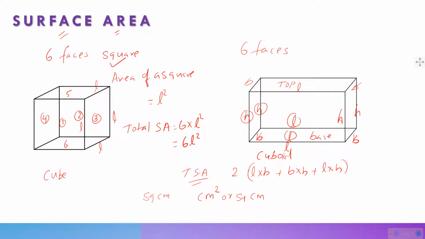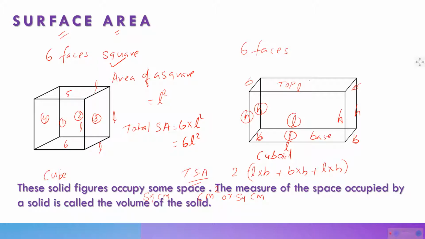We will come to that later in higher classes, but regarding regular figures, we have the concept that surface area can be calculated by totaling the area of different faces of the given figure. Okay, let us go ahead.